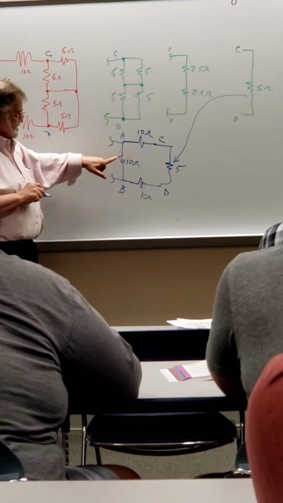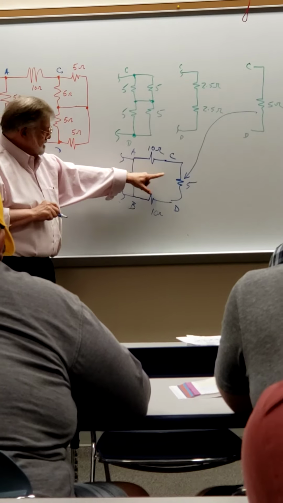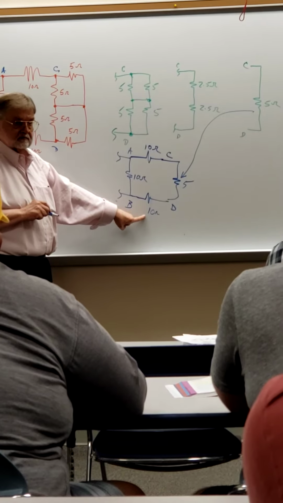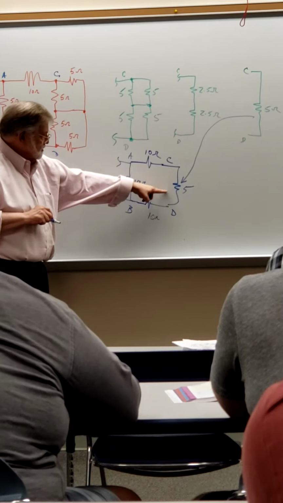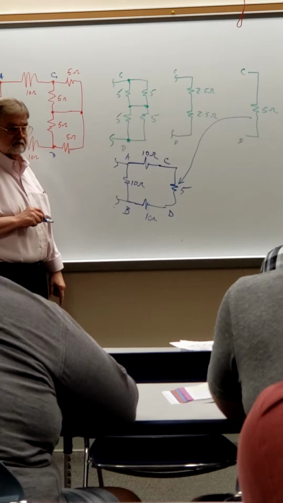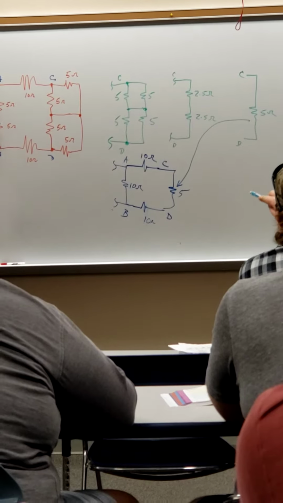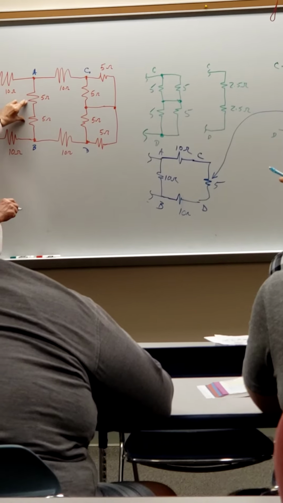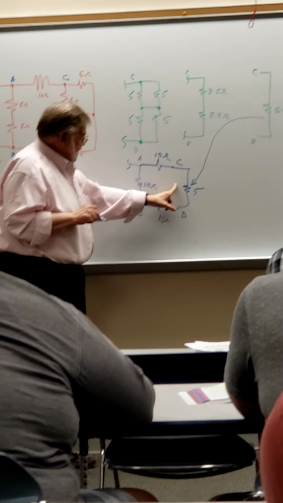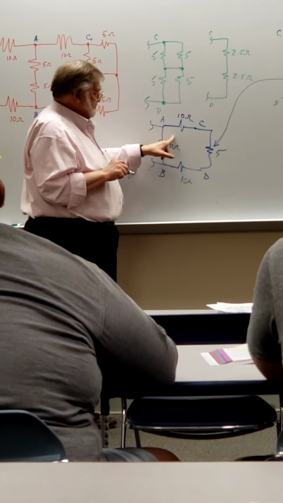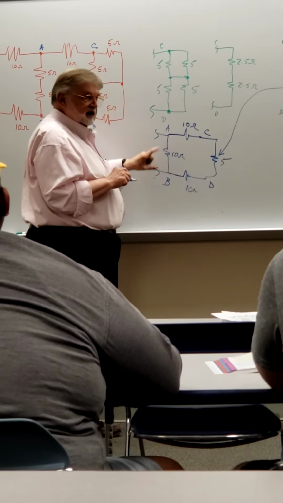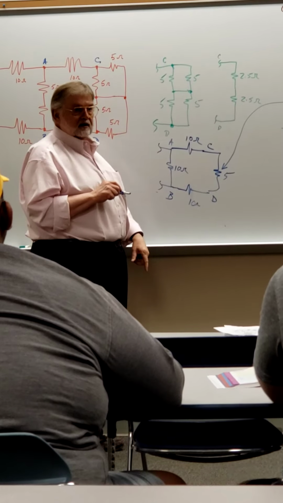I now have a 10 ohm in parallel with a 10, a 5, and a 10. 25 ohms in parallel with 10. Because when you take that, it ends up becoming in series from A to B. This is in series because all the current goes through all three, so they're definitely in series, and this is definitely in parallel with that. They started at a node and ended at a node.